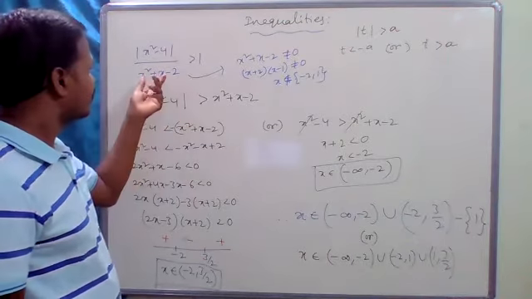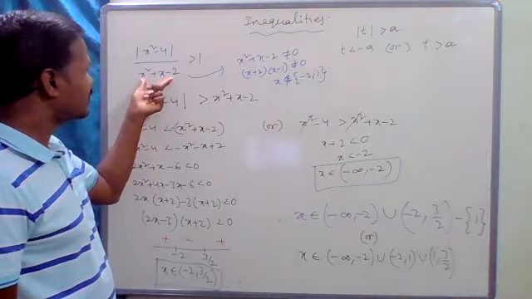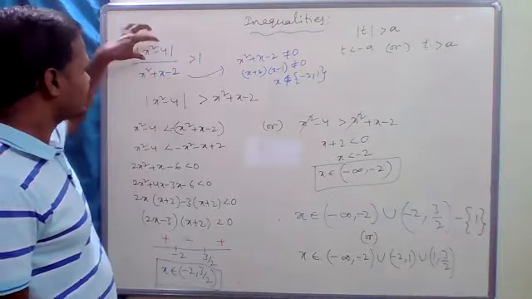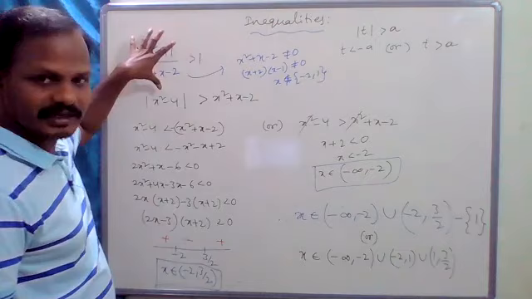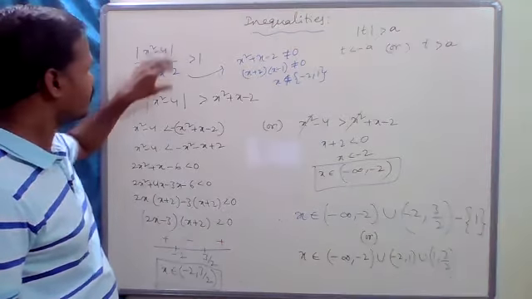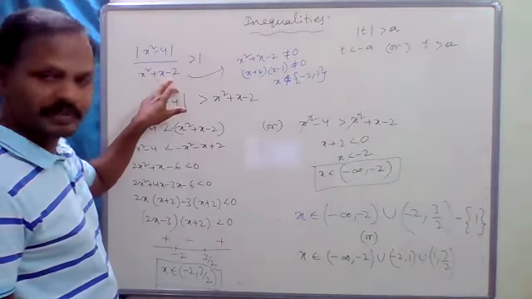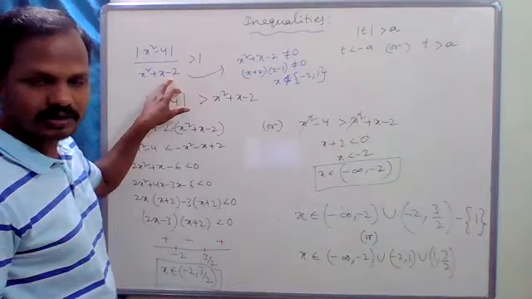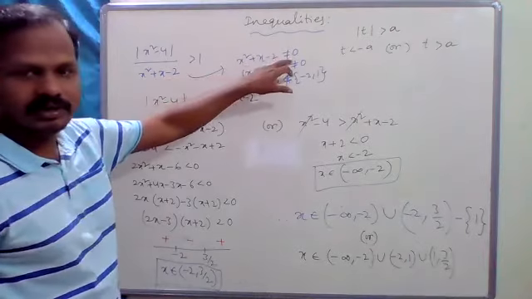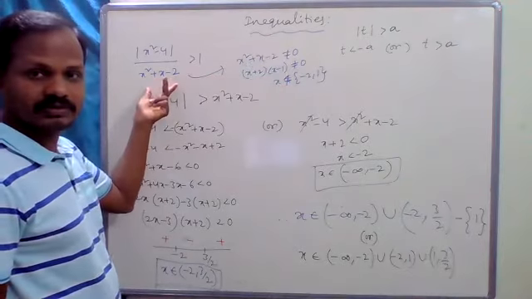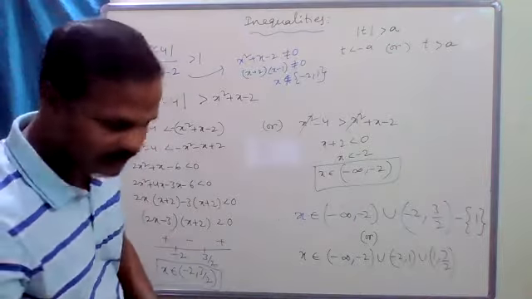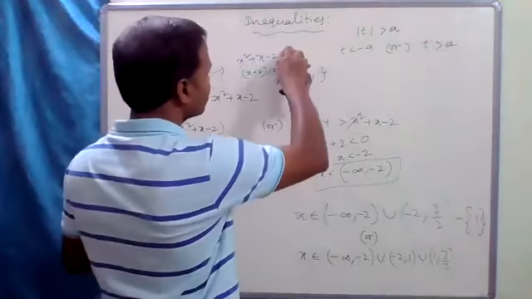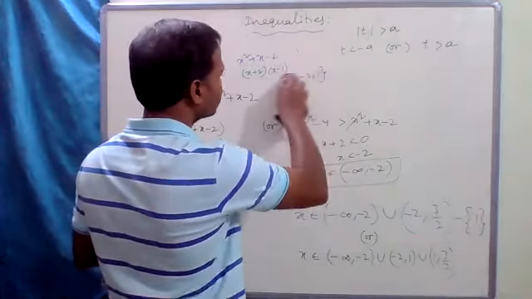See, if this expression is negative, this condition should not be satisfied. So it should not be negative. Not only should it not be zero, it should not be negative also. If it is positive, then only this condition is satisfied. So what you have to write here? Here you have to write.